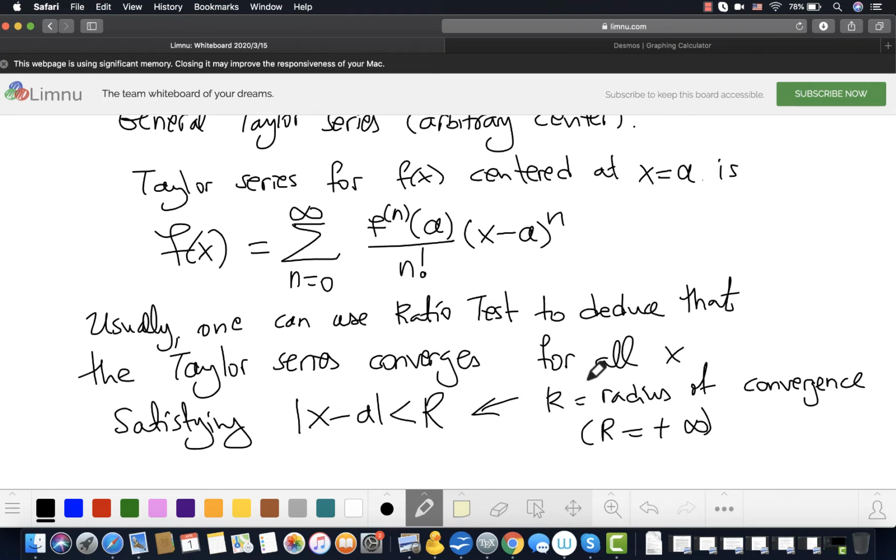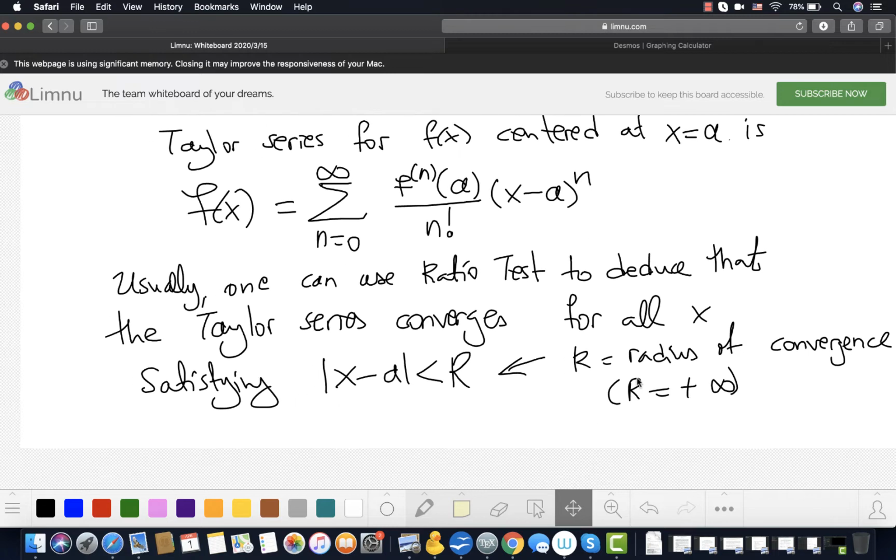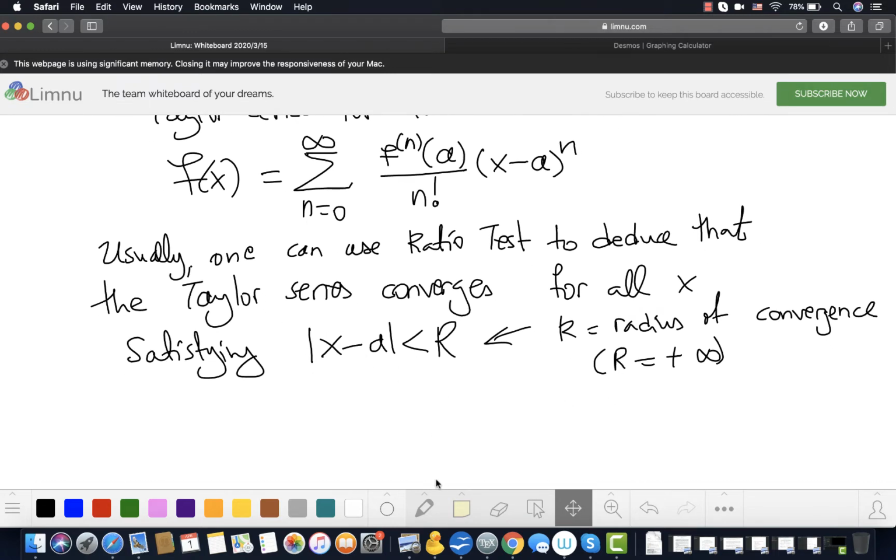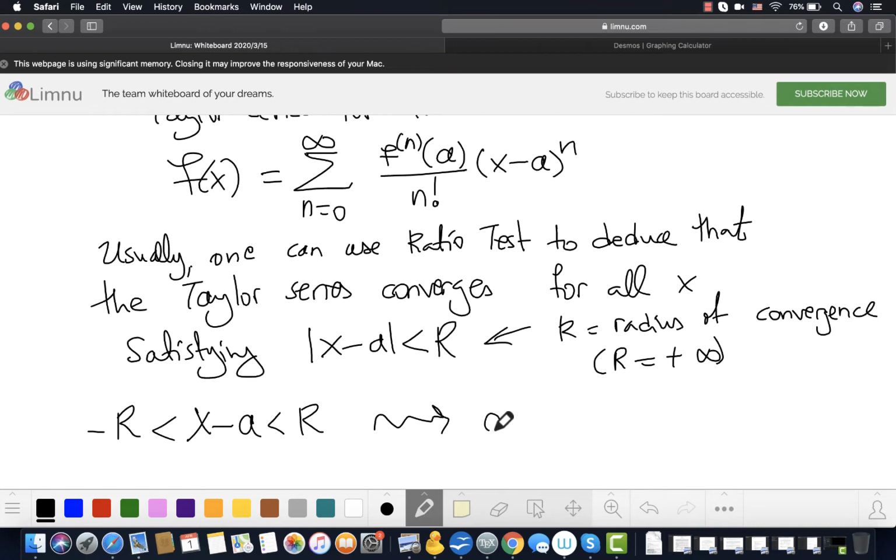But r could be a real number, and the point is that this inequality can be rearranged to look like this. Instead of writing the absolute value of x minus a less than r, that's the same thing as saying x minus a is less than r and bigger than minus r, which you can rearrange by adding a to all sides of this inequality, and then you get a minus r is less than x less than a plus r.